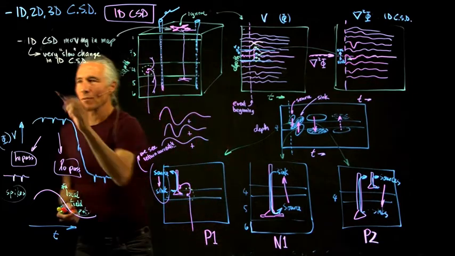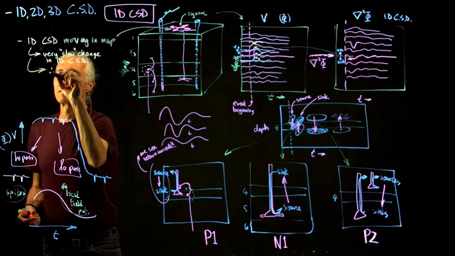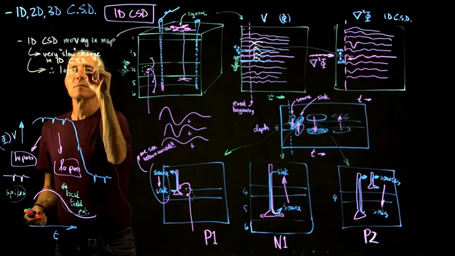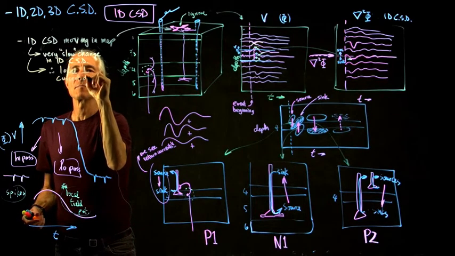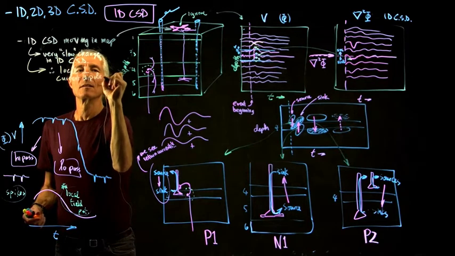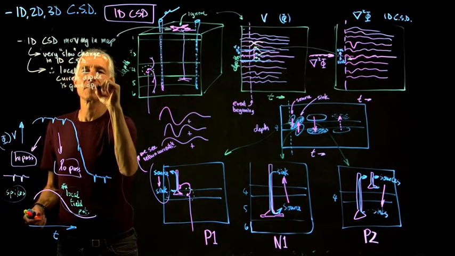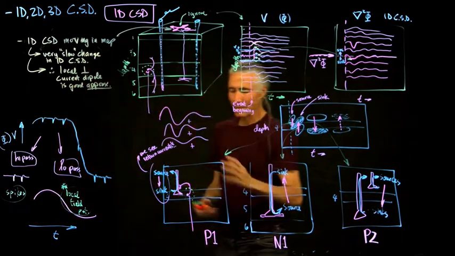So that's how we mainly conclude, therefore, a local perpendicular current dipole is a good approximation. So that's the basic observation.